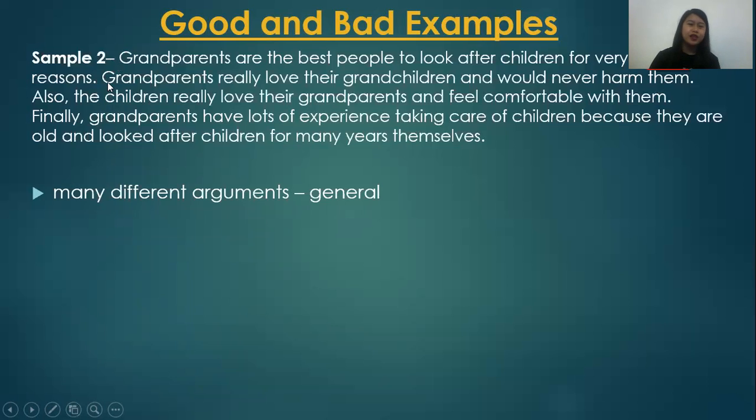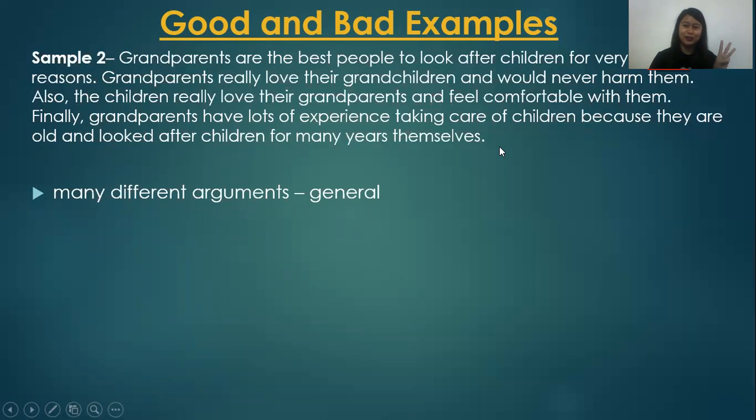Let's read. Grandparents really love their grandchildren and would never harm them. That's one argument. Also, the children really love their grandparents and feel comfortable with them. That's another argument. Finally, grandparents have lots of experience taking care of children because they're old and looked after children for many years themselves.